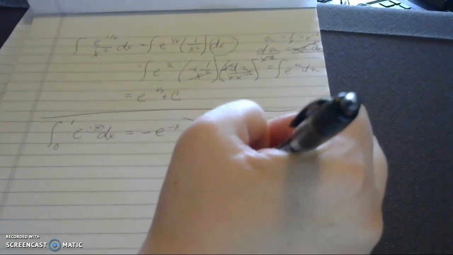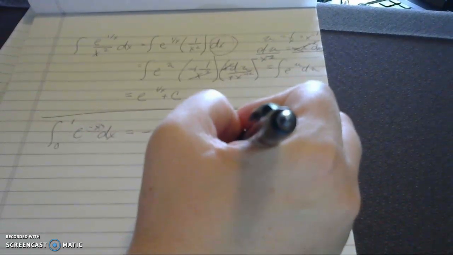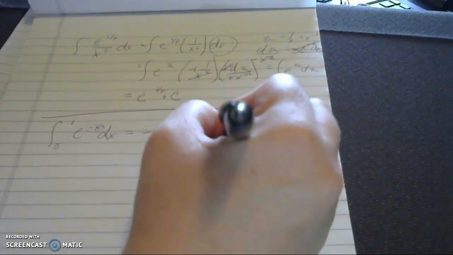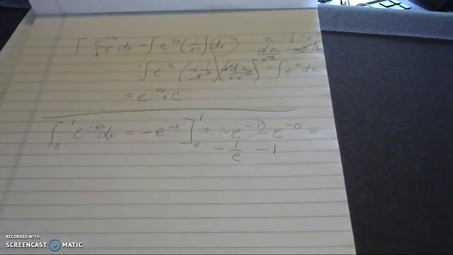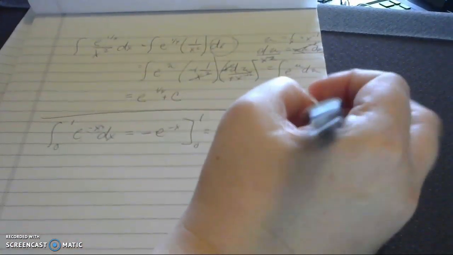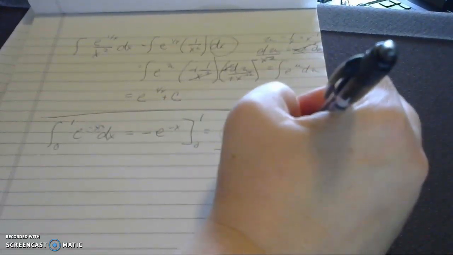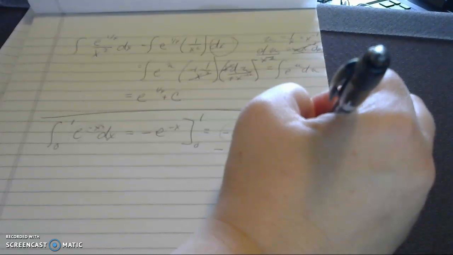And then you've got here your minus e to the negative 1. Well, that means a negative 1 over e. And so you are left with negative 1 minus 1 over e. Okay?